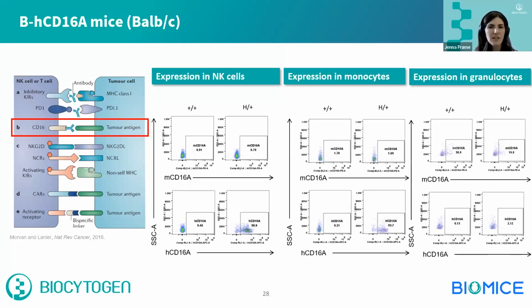However, in this case, since human CD16A and the mouse version have different expression patterns, we also knocked in human CD16A regulatory elements. So shown here is some expression data indicating validation of human CD16A expression in NK cells and monocytes, but not in granulocytes. And this really tracks with what we would expect based on our targeting strategy.